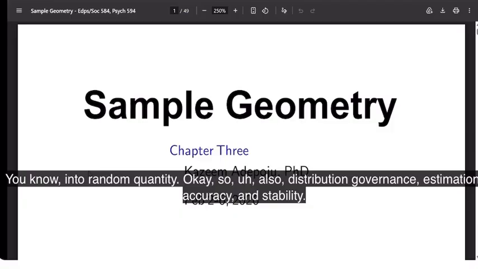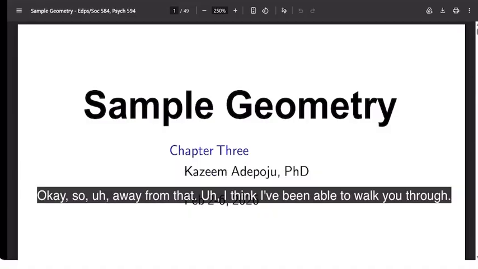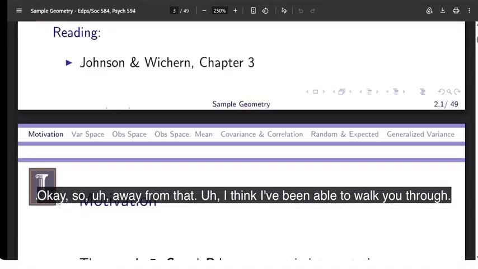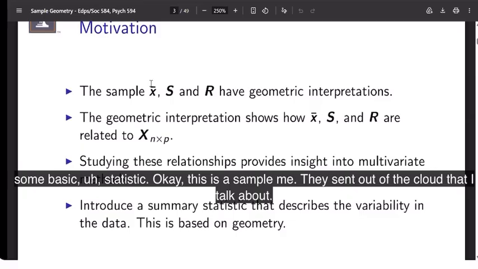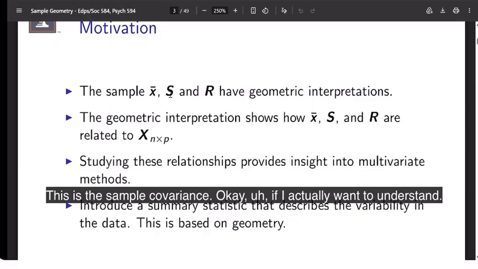I've been able to walk you through some basic statistics. This is the sample mean, the center of the cloud that I talked about. This is the sample covariance.